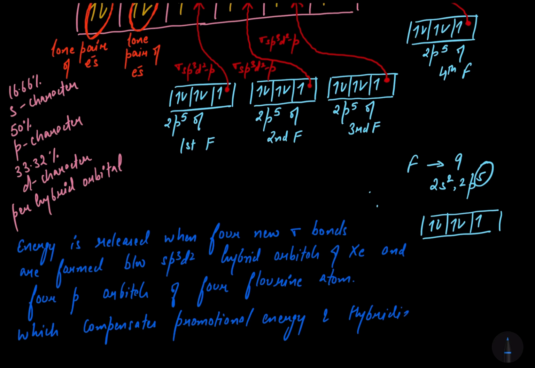So both the endothermic processes are compensated during the formation of 4 new sigma bonds between the sp3d2 hybrid orbitals of xenon and the p orbitals of fluorine. That's why the formation of XeF4, xenon tetrafluoride, is a chemically feasible process.